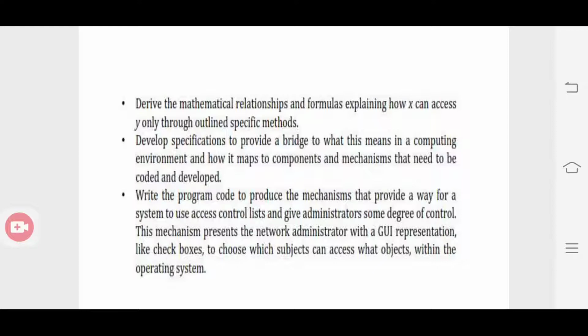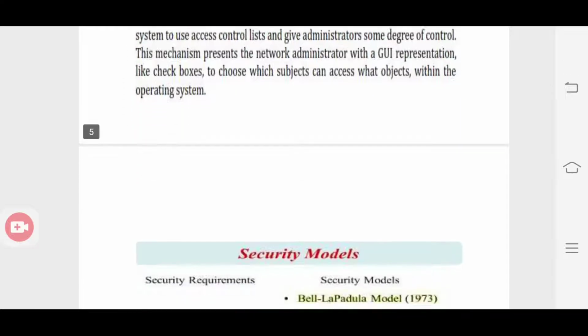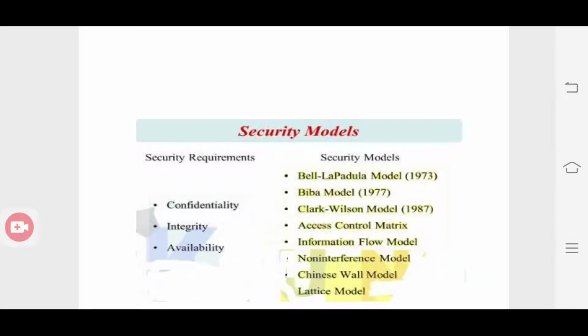So we can write the program code to produce a particular system which is under protection, implemented by using the security policies and security models. This mechanism presents the network administrator with a GUI representation, like checkboxes, to choose which subjects can access the objects, etc.